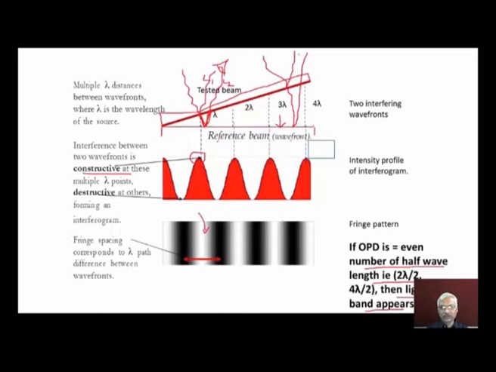So we get two lights here, L1 and L2. If the optical path difference between these two waves is equal to an odd number of half wavelengths, destructive interference happens, and the amplitudes of the two waves get subtracted, and we get very minimum light intensity at this point, and then we get a dark band here.